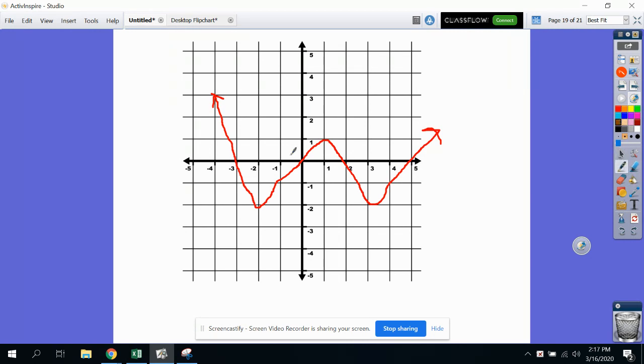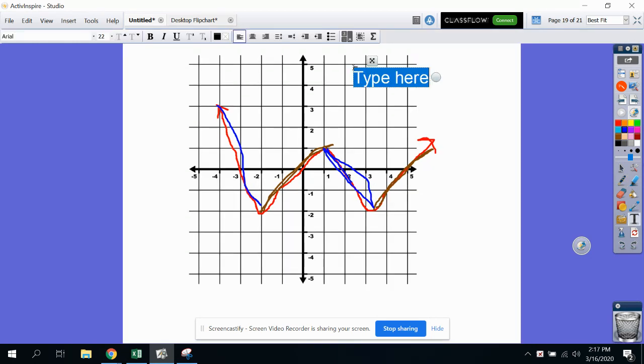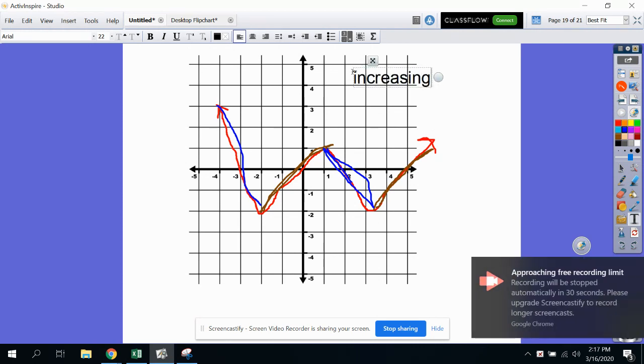All right, now this is a little more complicated one with x and y, but let's go through it. It's increasing here and here. It's decreasing here and here. Okay, so let's write both places where it's increasing.